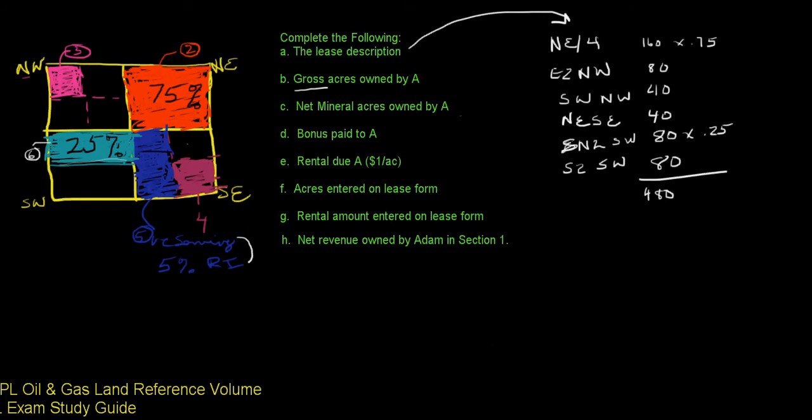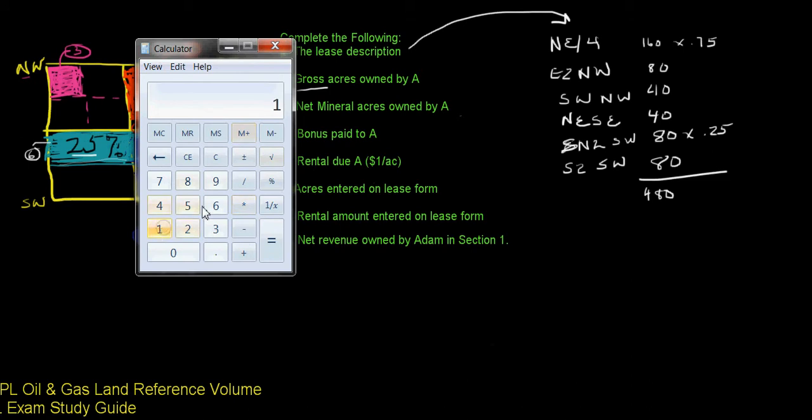Now let's calculate what the net interest is, and what we're doing then is we're going to apply these designations. We're going to apply these percentage interests. So 160 times 0.75, instead of being 160 acres, that's going to be 120 acres.